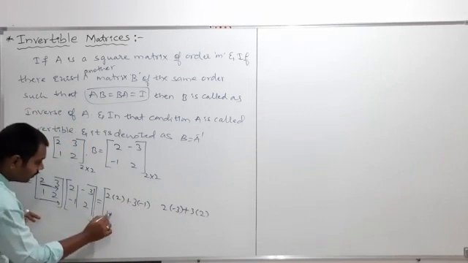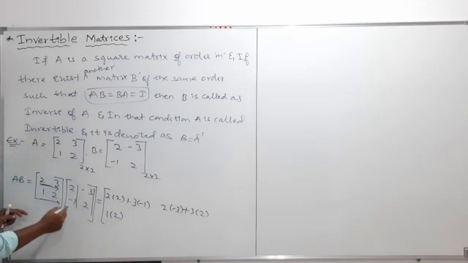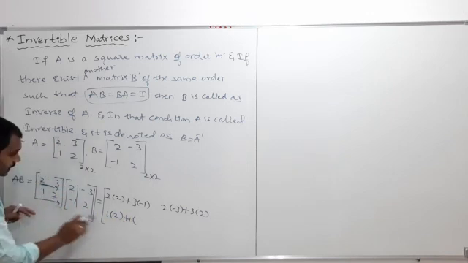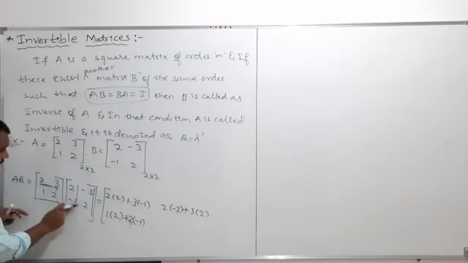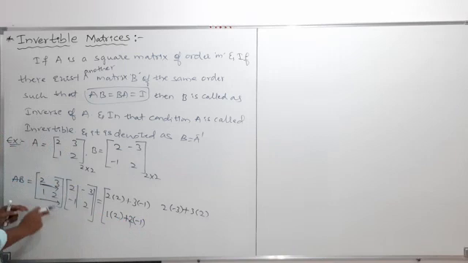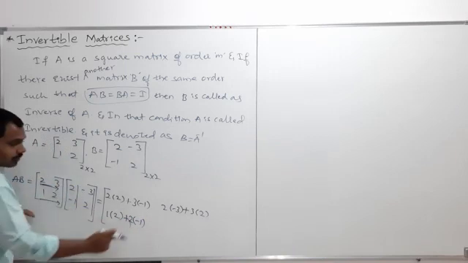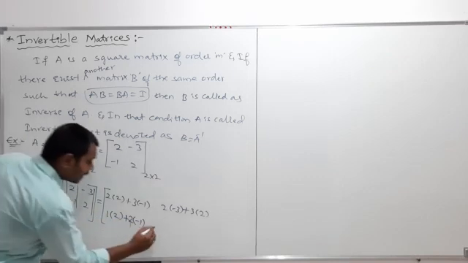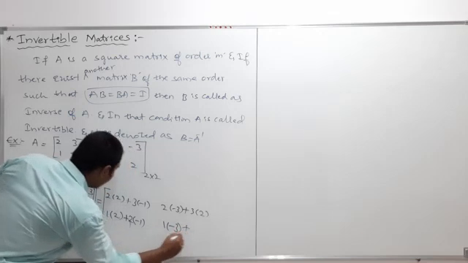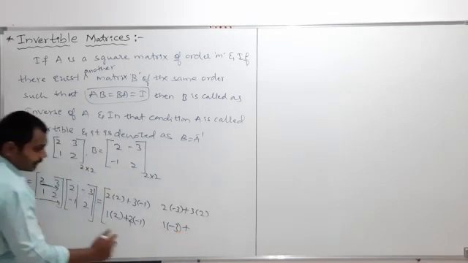So 1 into 2 plus 2 into minus 1. Next second row, second column: 1 into minus 3 plus 2 into 2.